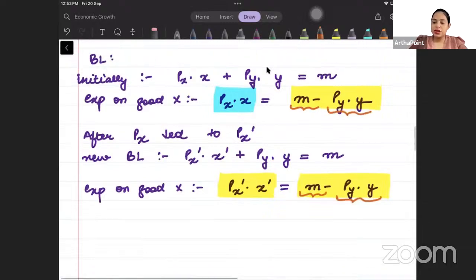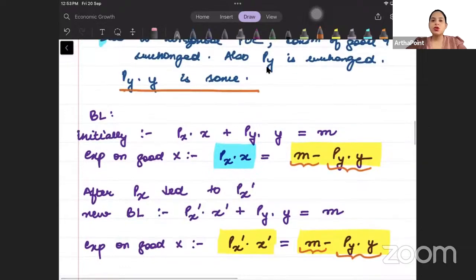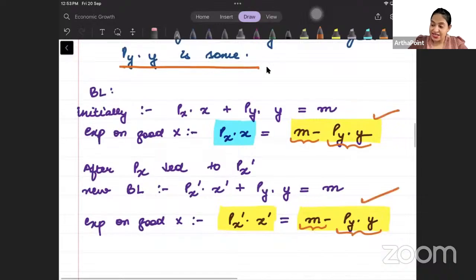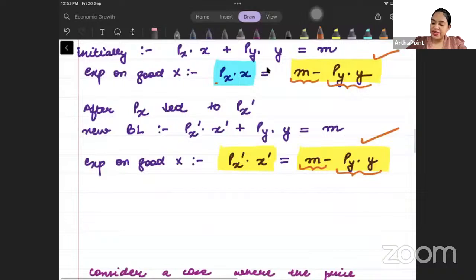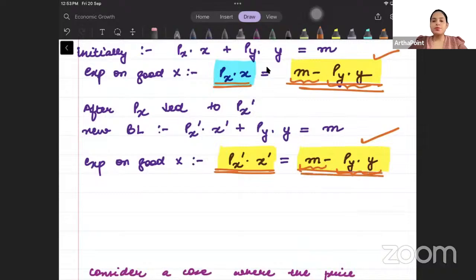This is also the same in both cases. That expenditure on good Y is the same in the two cases, point A and point B. So the right hand side is the same. Because Px into X is M minus Py into Y, and Px dash into X dash is also M minus Py into Y, the right hand side is the same. This tells us that Px into X should be equal to Px dash into X dash.